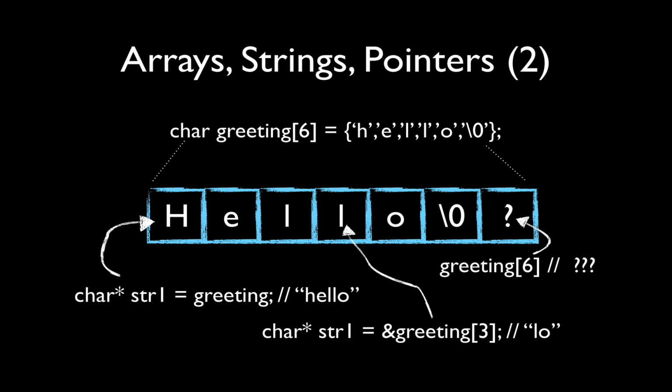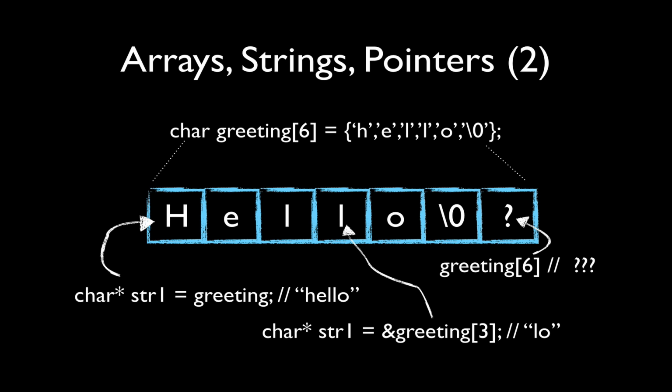And finally, the original string was of length 6, so that means the valid indices would be 0 through 5. If we tried to access the 6th element, greeting sub 6, that's really the 7th element, and that is really unknown. That would actually be an out-of-bounds index.